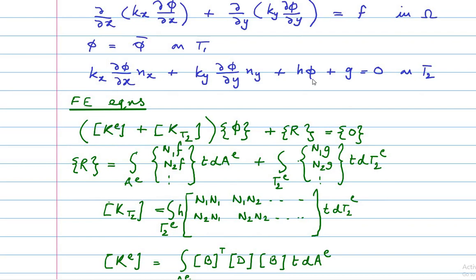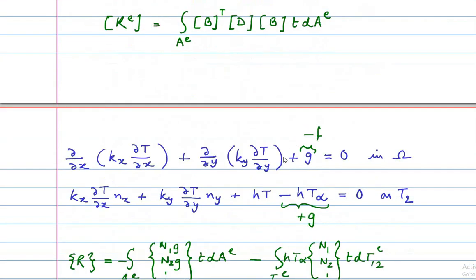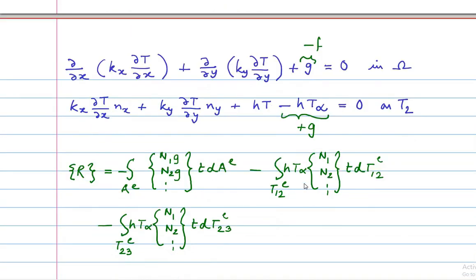This is coming from the boundary term, and this R is coming from this and this. So here also, actually plus G. In place of minus F you get plus G, and for that you are getting minus HT infinity.